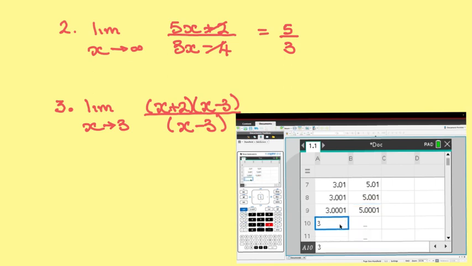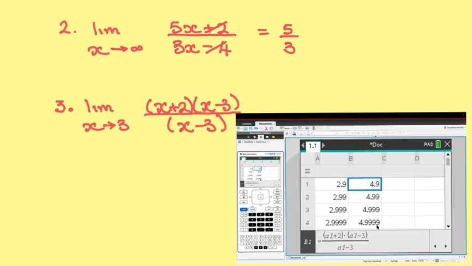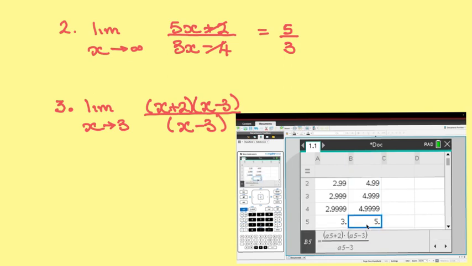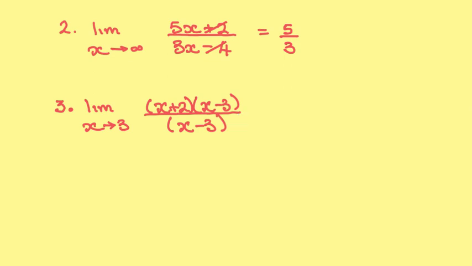One even closer, 3.00001. I get a value even closer to 5. So I can confidently say that as my value gets closer and closer to 3, my limit gets closer and closer to 5.